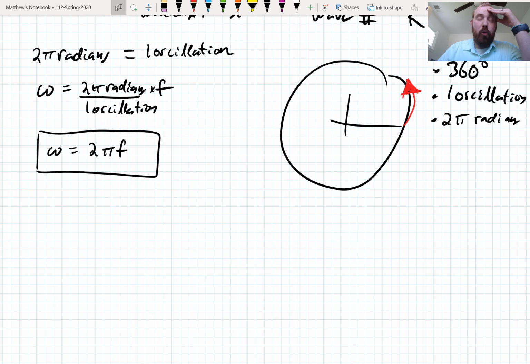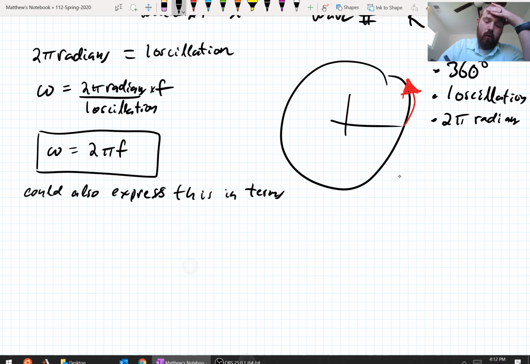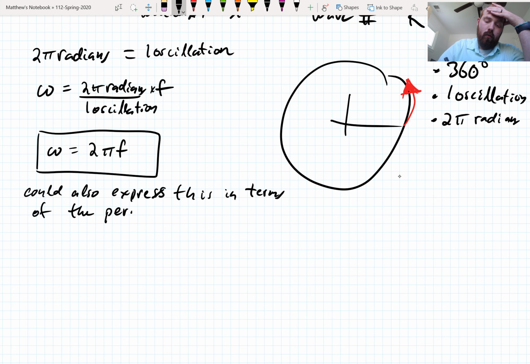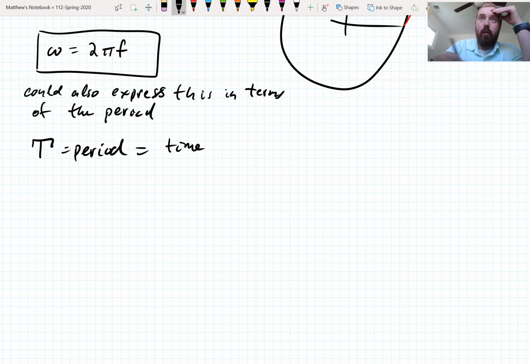We could also express it in terms of the period. Period, I'll leave that with a capital T, is the time to complete one oscillation.